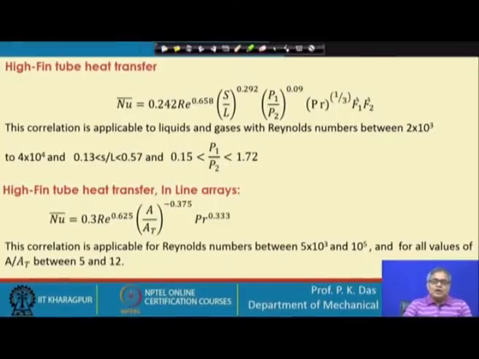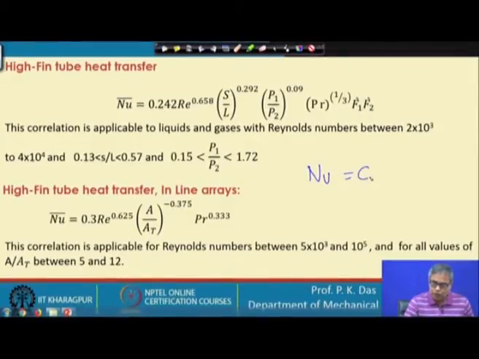You see, whenever the flow is external flow and a high Reynolds number flow, then we get this kind of a relationship where the Nusselt number has some sort of a coefficient, a constant. Most of you know it, but even then let me write it.